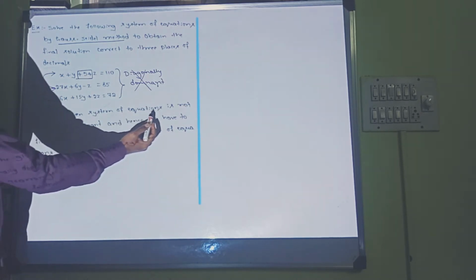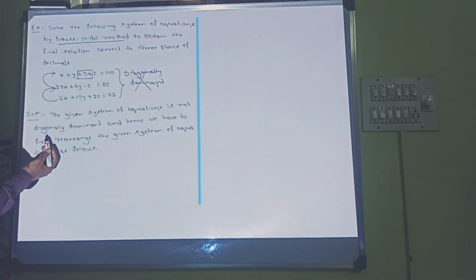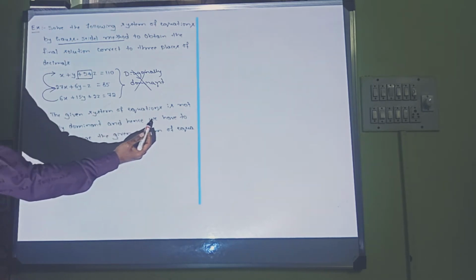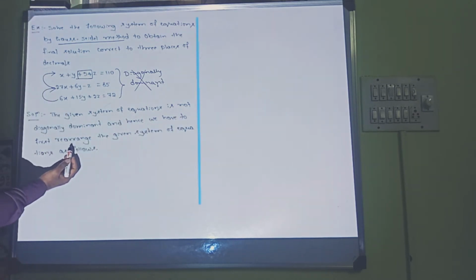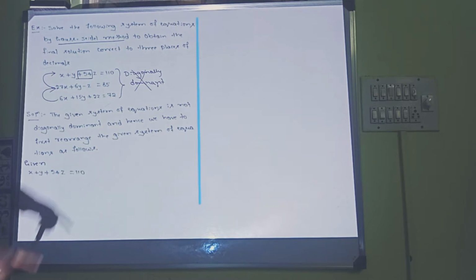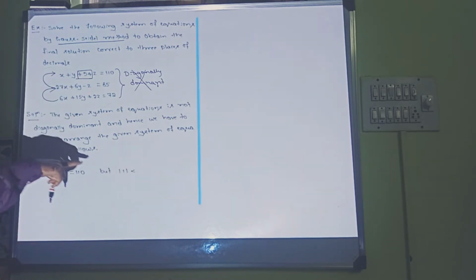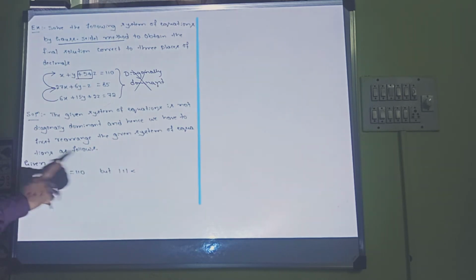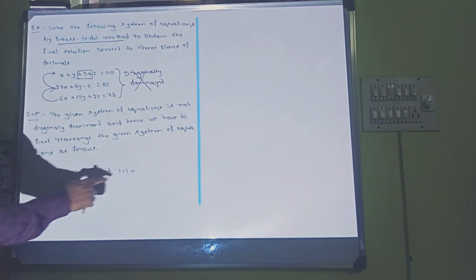The given system of equations is not diagonally dominant, and hence we have to first rearrange the given system of equations as follows. First equation is this. But in this equation, the first element is not dominating. This first element is less than the sum of the other two absolute values.